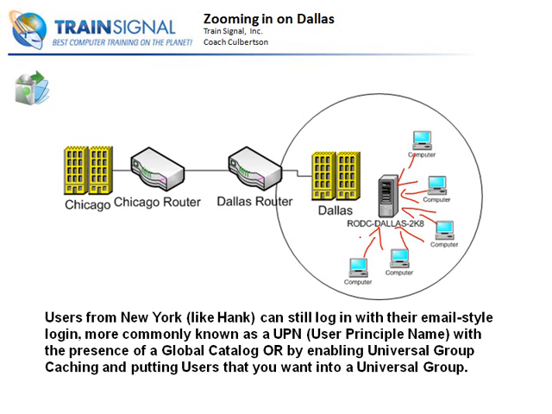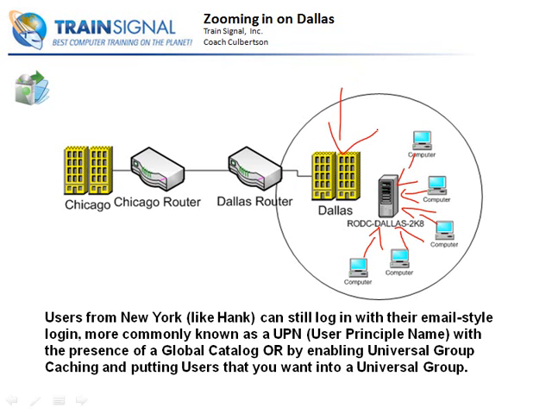But in order to use universal group caching, you have to put your users in a universal group, and I've already shown you how to do that as well. So even though we have this separate section and that's kind of restrictive, if that global catalog is in place, your users are in a universal group, and universal group caching is enabled on the Dallas site, which in our instance, you remember how I told you that I accidentally, quote unquote, enabled the global catalog?